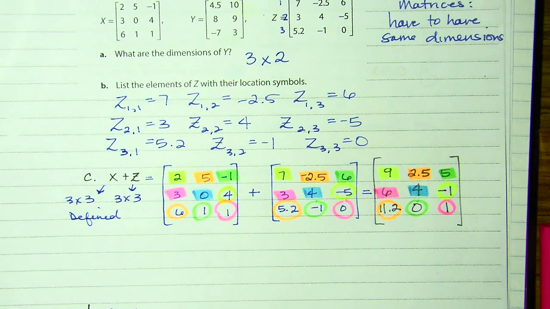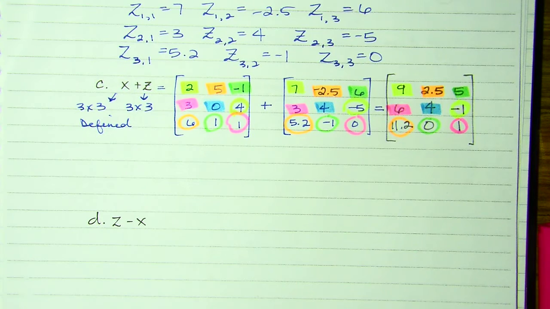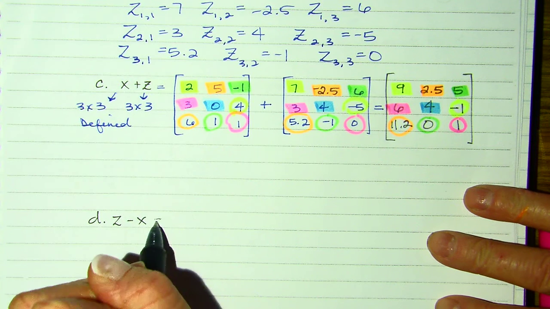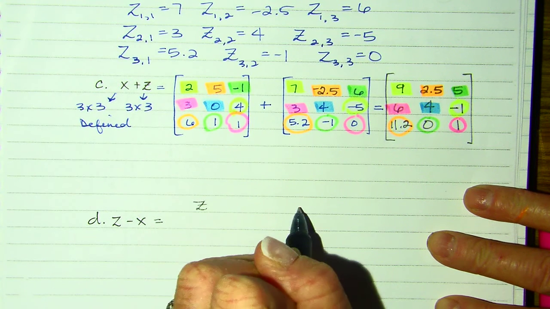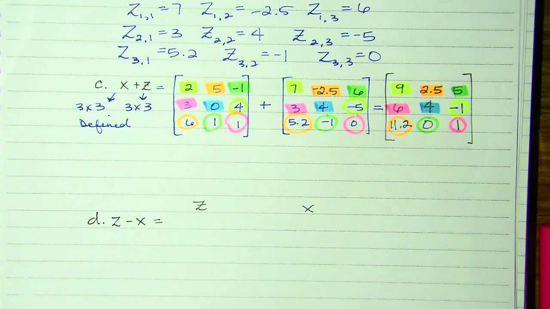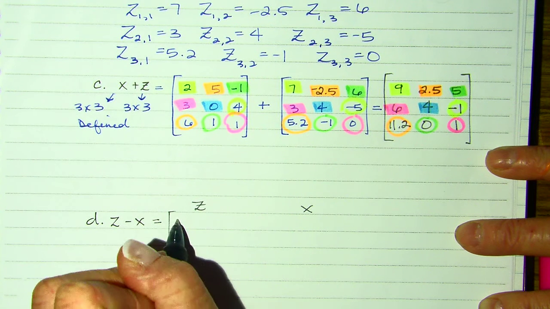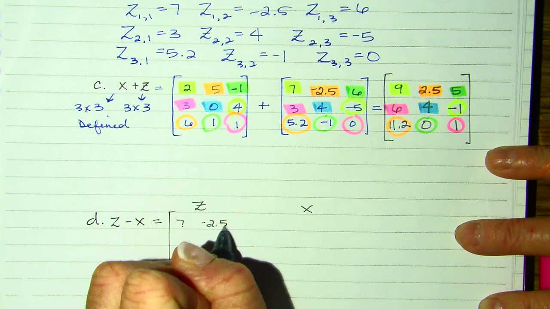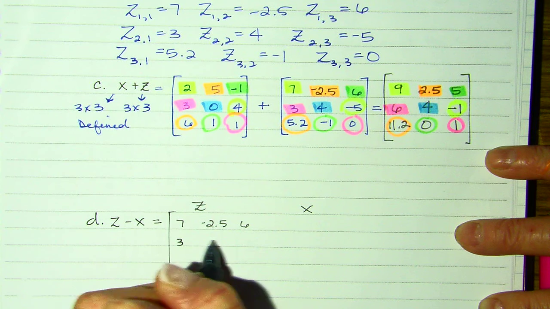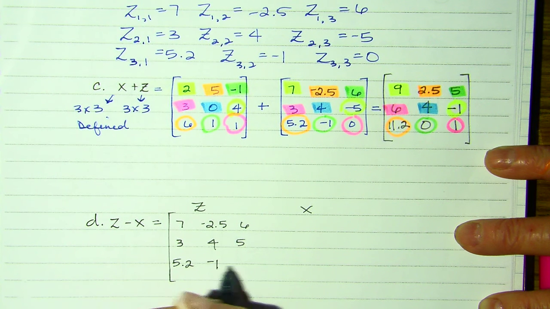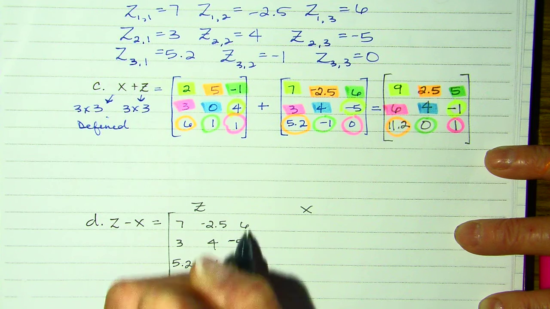Okay. Now let's try a subtraction one. So because Z is first, I have to write Z and then X. I follow the order that is listed here. So matrix Z is 7, negative 2.5, 6, 3, 4, negative 5, 5.2, negative 1, and 0.